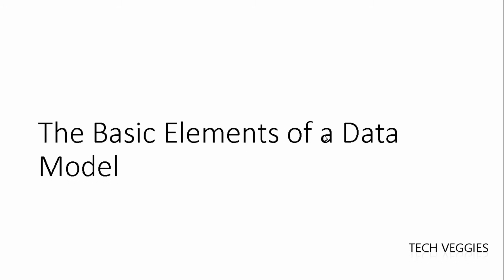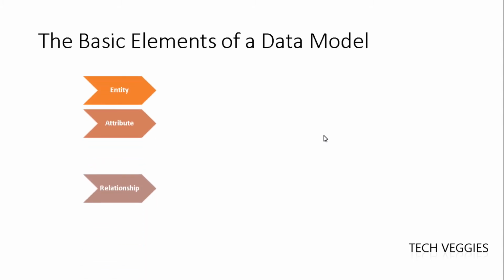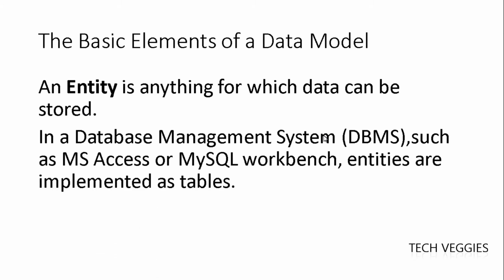Let's look at the basic elements of a data model. These include entities, attributes, relationships, and constraints. An entity is anything for which data can be stored. In a database management system or DBMS such as Microsoft Access or MySQL Workbench, entities are implemented as tables.